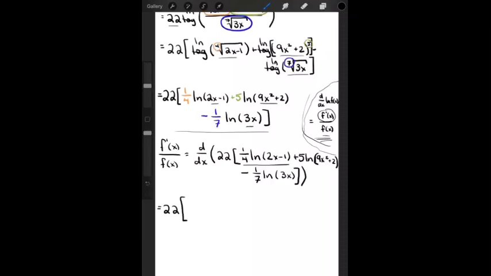So this rule that we have over here doesn't just magically apply for the f that the problem is talking about, it applies for every function. So what's the derivative of 2x minus 1? Let's try that one. Two, right? And then we put the inside function here. So what's the derivative of 9x squared plus 2?